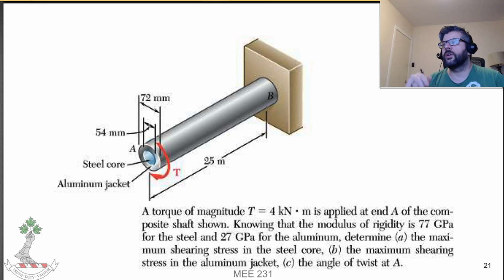And then the torque applied at the end is 4 kilonewton meters. So we want to find out what the maximum shearing stress is in both the core and the jacket, and then the angle of twist.